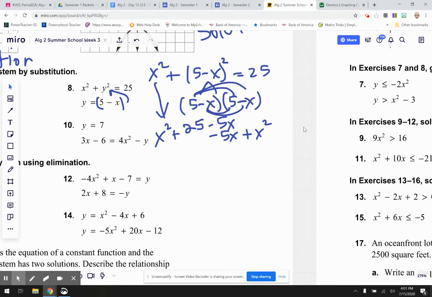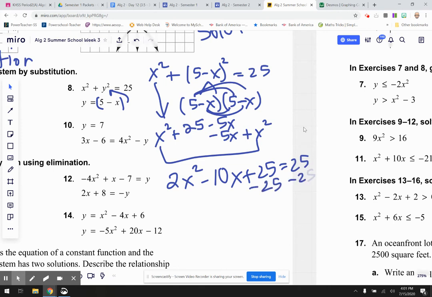So you now have 2 x squareds, one in the front, one in the back. So 2x squared, and you got negative 10x. Those don't cancel, you add them. Plus 25 equals 25. When you subtract 25 on both sides, that's a good thing. It gets you 0. So 2x squared minus 10x equals 0.